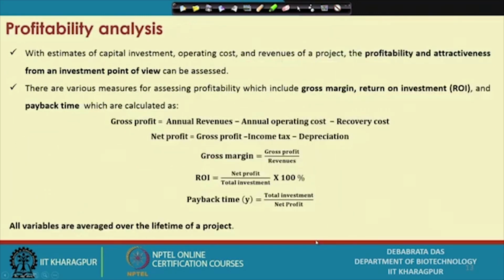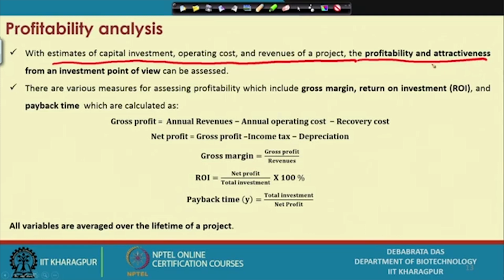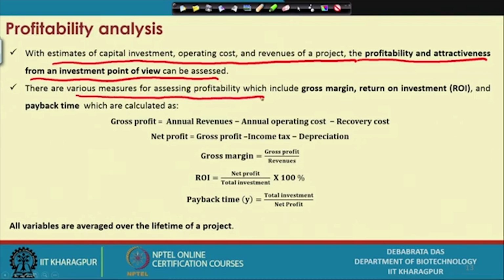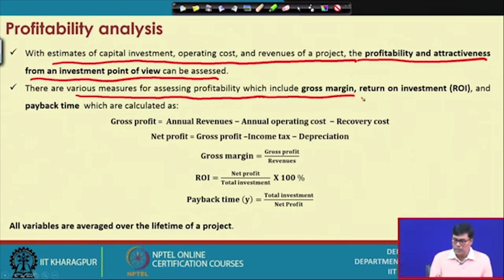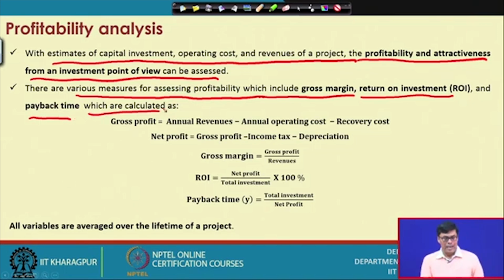Now, the profitability analysis that I was talking about: at the end of the day we look for the profit. With the estimates of capital investment, operating cost and revenue of a project, the profitability and attractiveness from an investment point of view can be assessed. There are various measures for assessing the profitability, which include the gross margin, return on investment, and payback time, which are calculated.